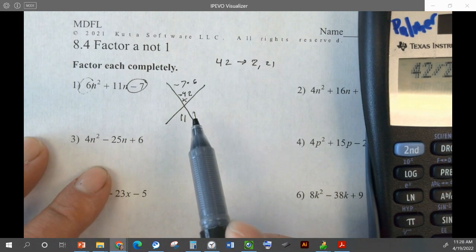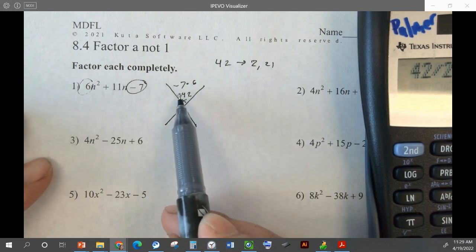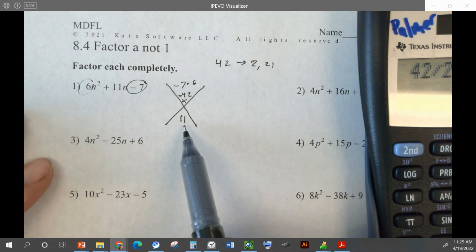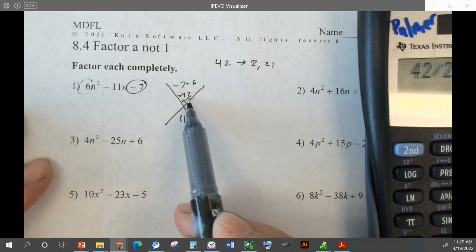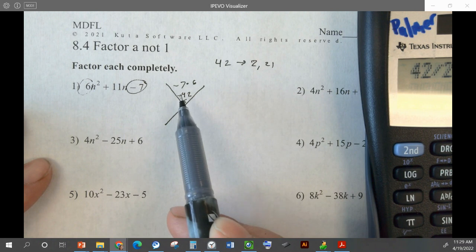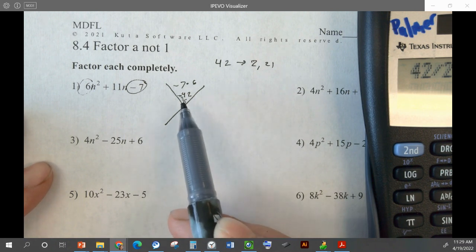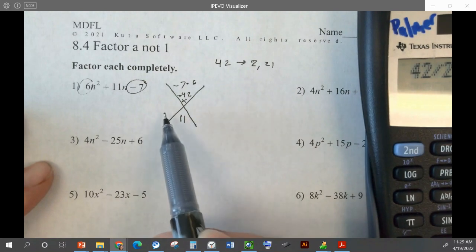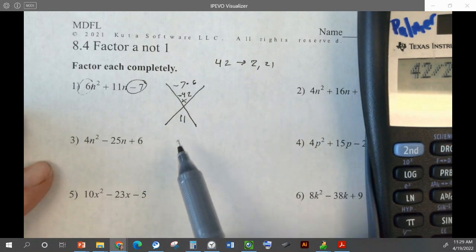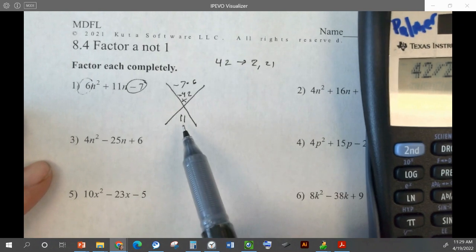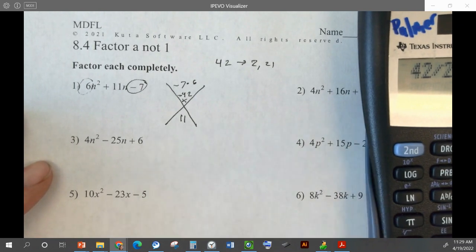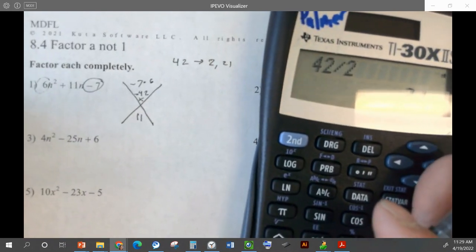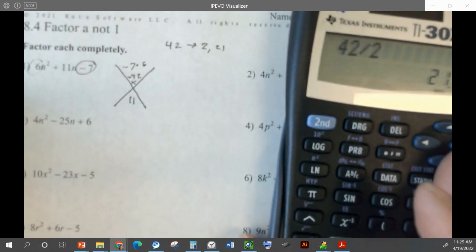The other thing that we can look at here is this is -42. Down here is positive. So if there's a negative number up here, the only way we can get a negative number is to multiply a negative and a positive number. So one of these numbers needs to be negative, one needs to be positive, and their difference will be +11. So I'm looking for something that has a difference of 11. So that doesn't work. 2 and 21 doesn't work.